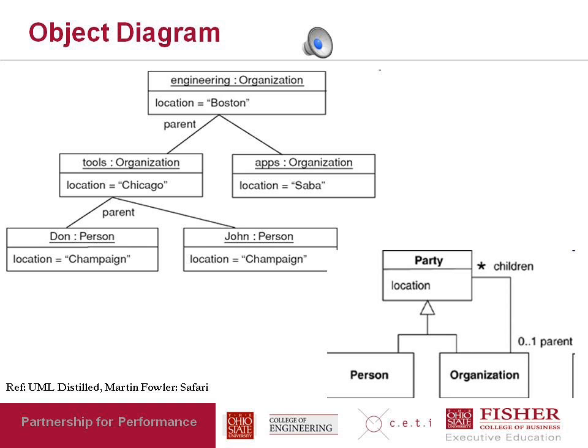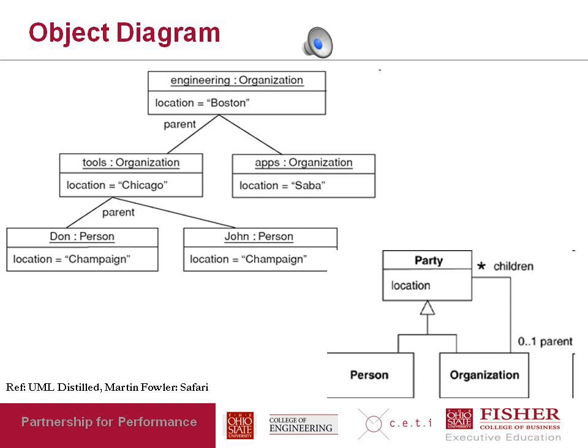That is the parent organization of two other organizations: the tools organization in Chicago, and the apps organization in Saba, wherever that is. And then two specific people, Don and John, who belong to the tools organization. Note once again that this is showing the relationships between specific instances or specific objects in a system.